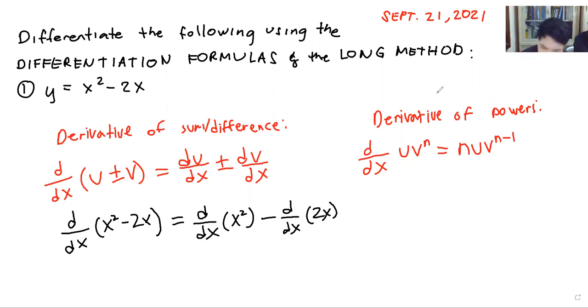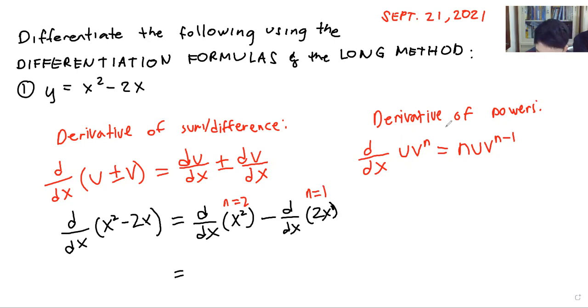As you can see here, there are powers. There's 2, and then there's also 1, which is not shown. So n equals 2 here, and n equals 1 here.